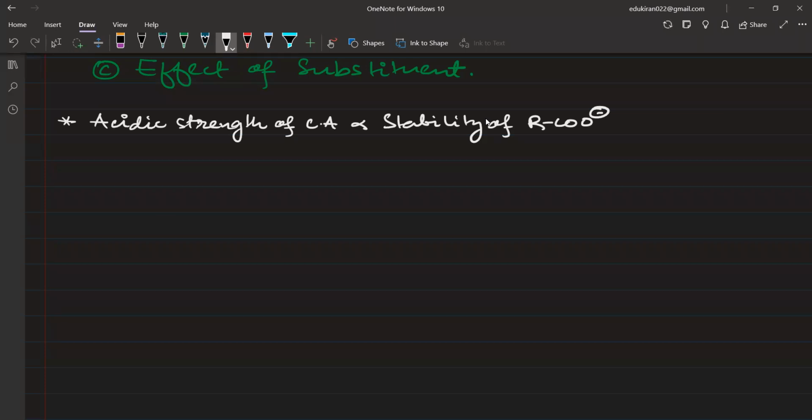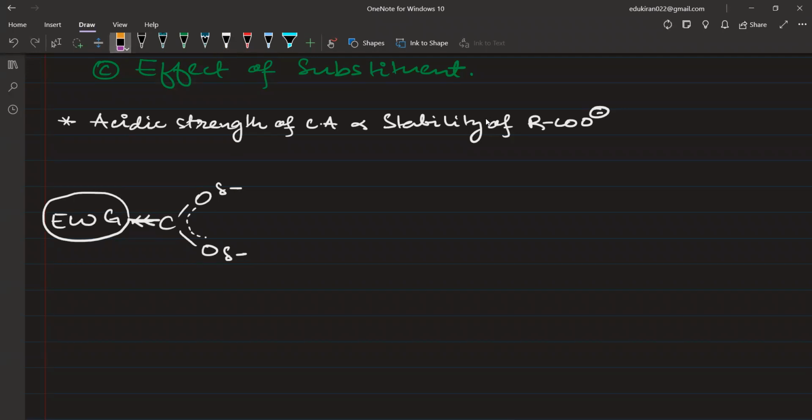Now my carboxylate ion will have delta negative on both oxygens, and this will be in resonance. If I attach an electron withdrawing group here, it is going to pull the electrons and lower the charge density. It will decrease the charge density.